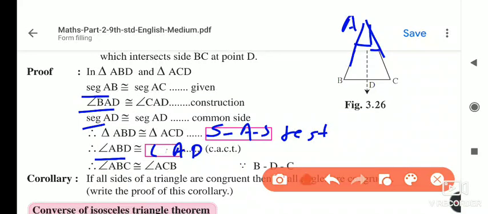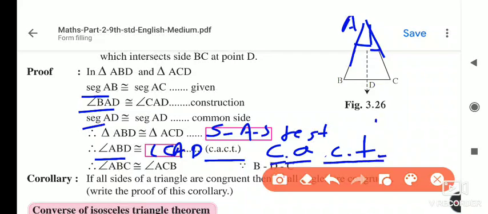By which property? By CACT. C for corresponding, A for angles, C for congruent and T for triangles. So here I am writing CACT, corresponding angles of congruent triangles. If you are writing CSCT, then corresponding sides of congruent triangles. In that way we have to use the short forms CACT and CSCT.